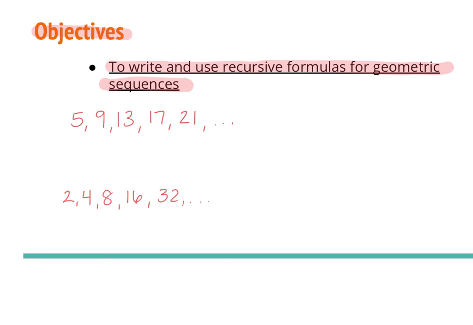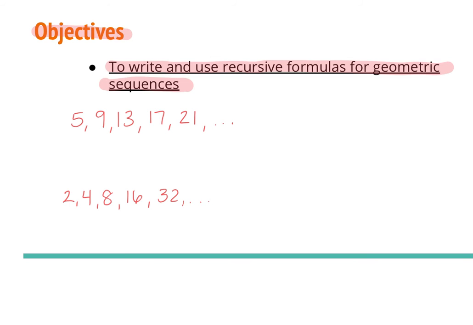Okay, so we've talked about sequences before, and whenever we're talking about sequences, we're looking for what? A pattern. Very good. Does anyone see the pattern in the first one? Tessa, what do you see? Adding 4. Very good. When we're adding by the same number each time, we call those sequences what? Who remembers?